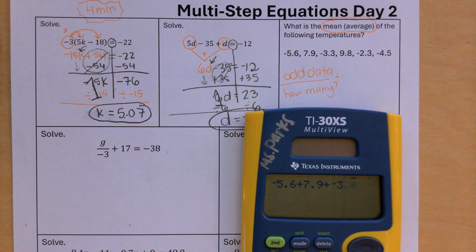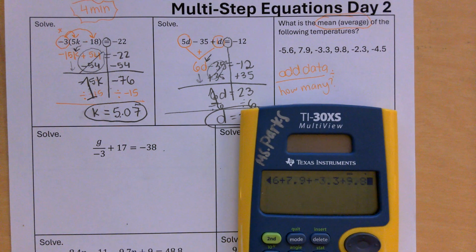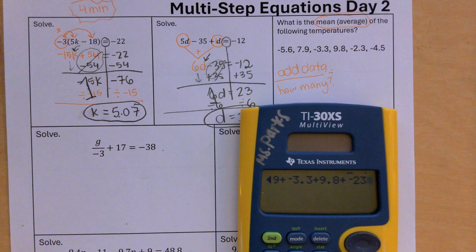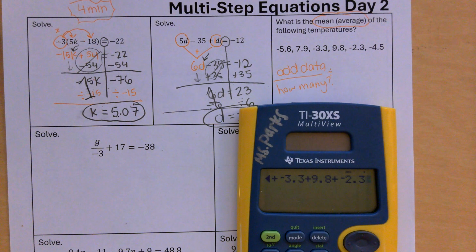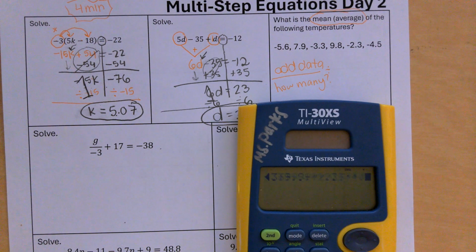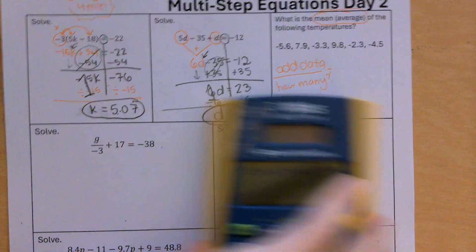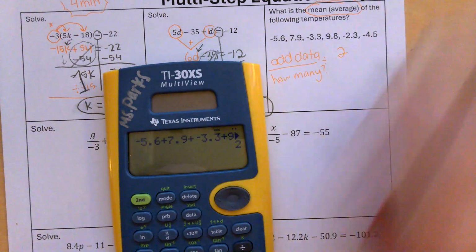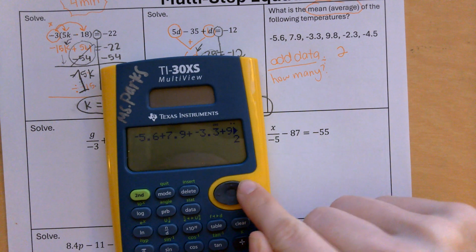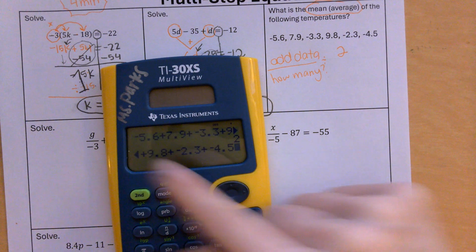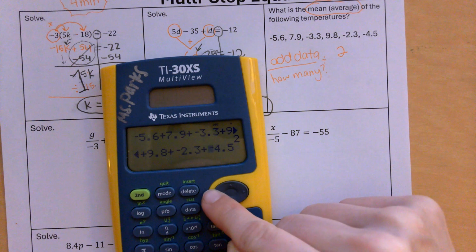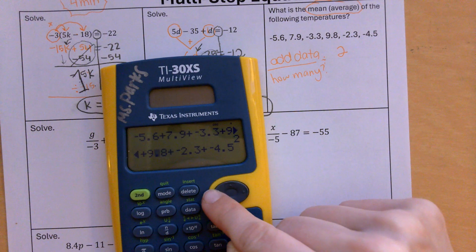Negative 3.3 plus 8 plus negative 2.3 plus negative 4.5. I got the answer 2. All of that was just 2. I'm going to double check that I didn't make a mistake. We have negative 4.5, negative 3.2, 9.8, negative 3.3.